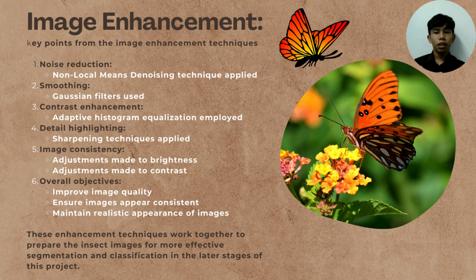The overall objective is to help us improve image quality, ensure the images are more consistent, and maintain the realistic appearance of the image. These enhancement techniques work together to prepare the insect images for more effective segmentation and classification in the later stages of this project.